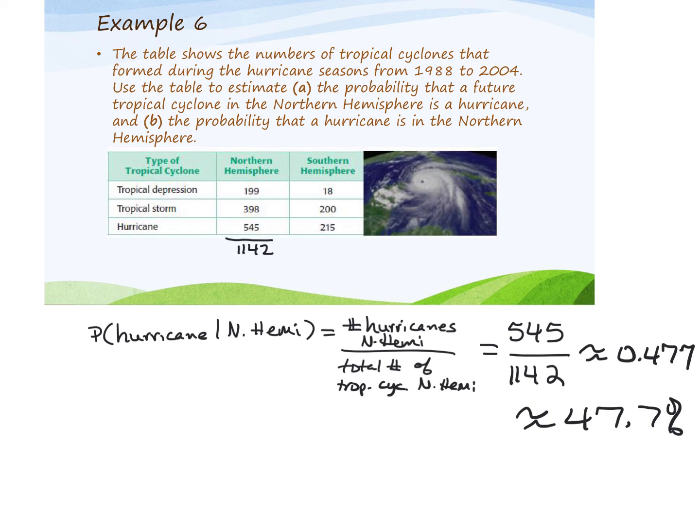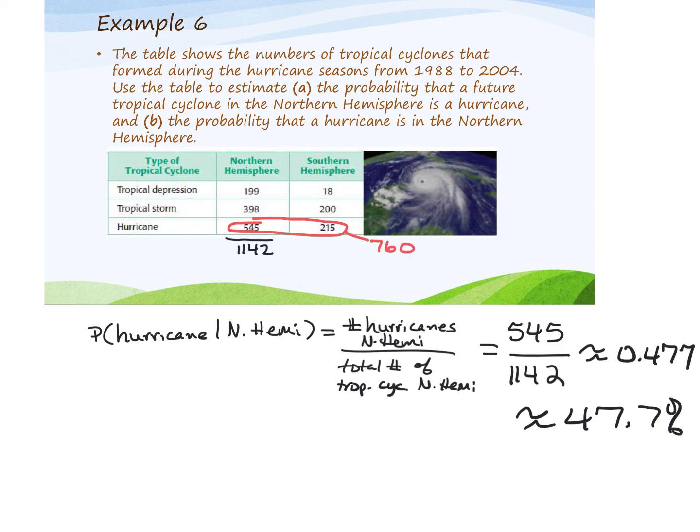For part B, it wants to know what's the probability that a hurricane is in the northern hemisphere. So what I need to do is figure out the total number of hurricanes. So from the chart, I'm going to add this way and get the total for the number of hurricanes between the two hemispheres. And that's going to be 760.